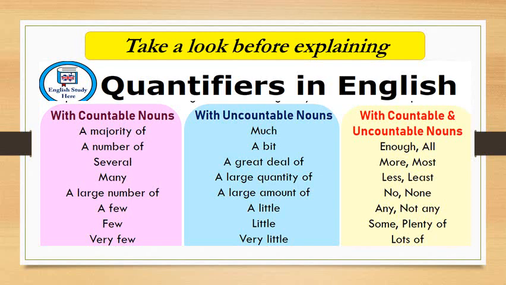Look, any is used with countable nouns and any is also used with uncountable nouns. We have some time left. Okay? There are still some schools that teach very well.